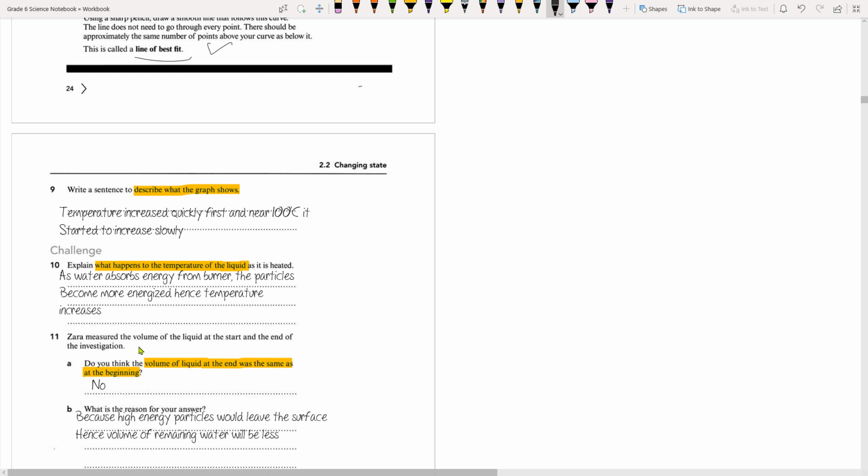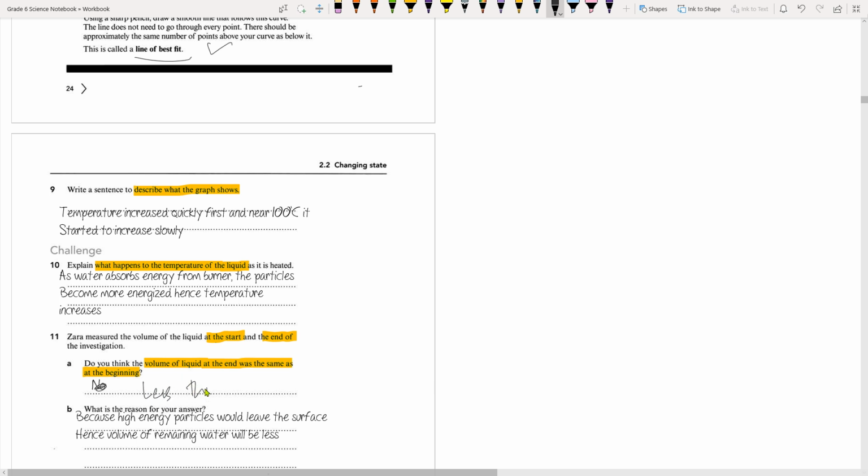Okay, Zara measured the volume of the liquid at the start and at the end, right? So in that case, what do you think the volume of the liquid at the start and the end would be? Sorry, I've written no. It should be written less than before.